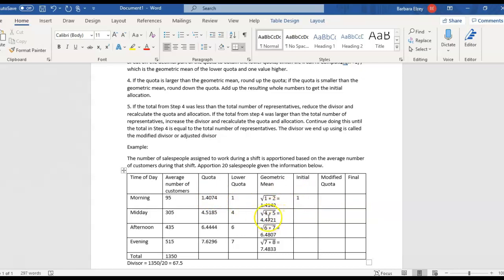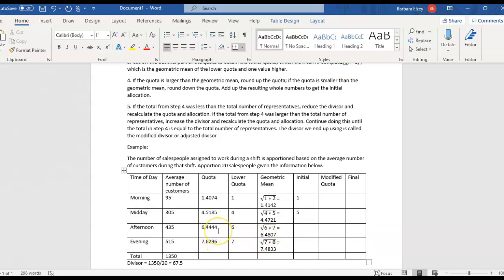All right, well, let's take a look here. This quota is 4.5185. The decimal portion of that is bigger than 4721. So we are going to round this one up to 5, to its upper quota. All right, 6.4444.